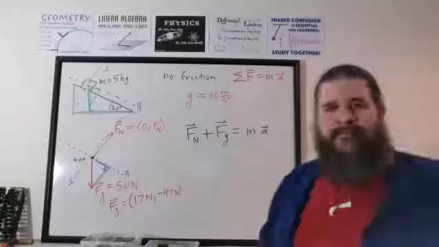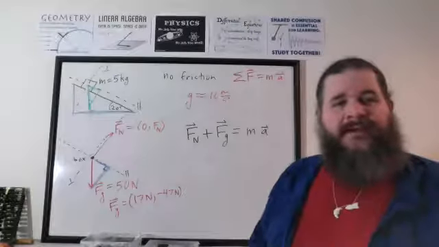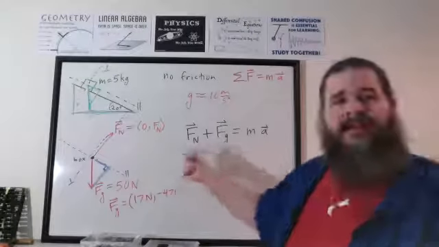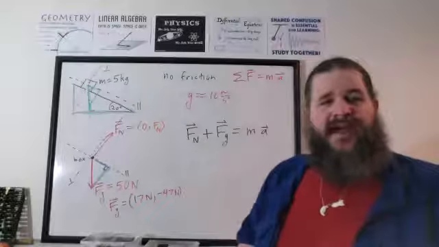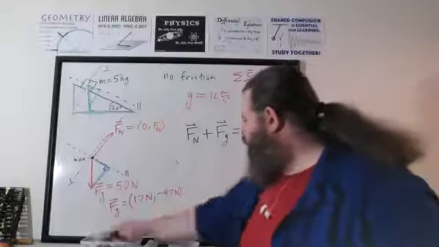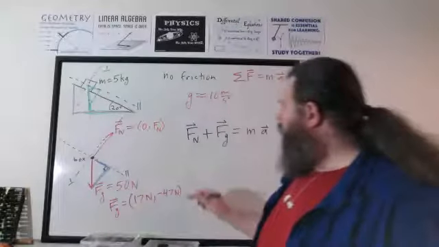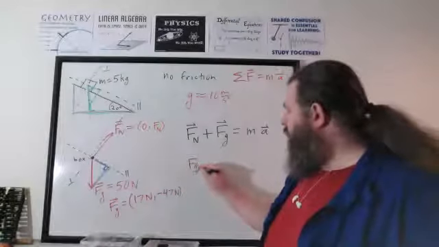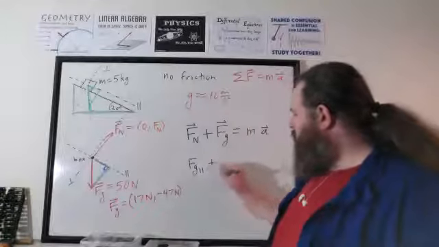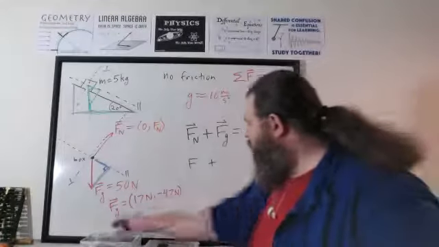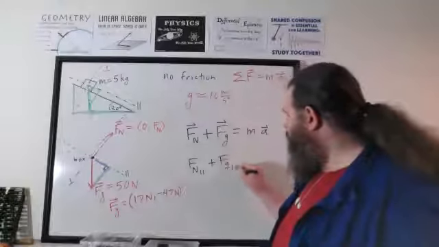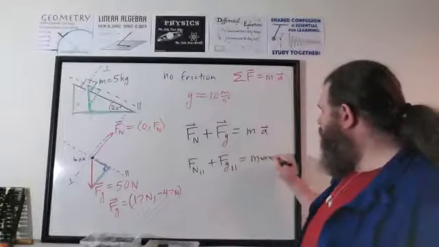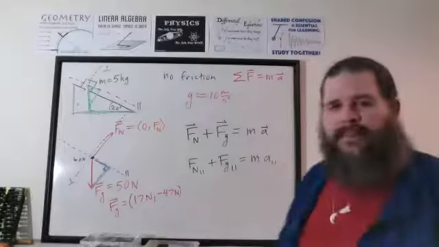The parallel. Yeah, it's only going to be accelerating along the parallel direction, which means it's very useful in cases like this to split up the equation into components. We can split this up into an equation with just the parallel components. The parallel component of the normal force plus the parallel component of gravity equals mass times the parallel component of acceleration.